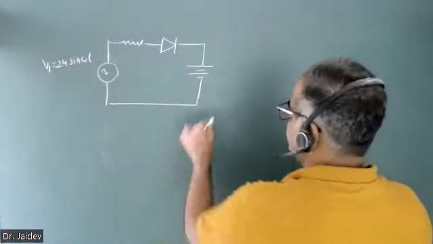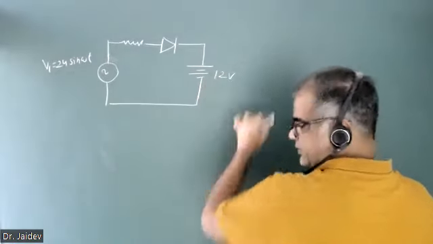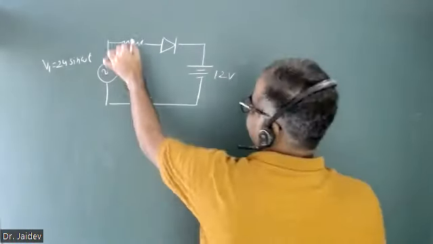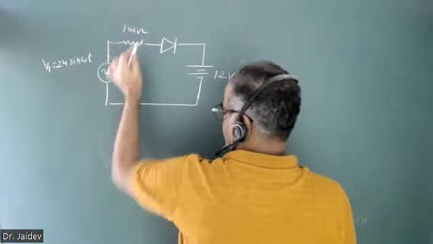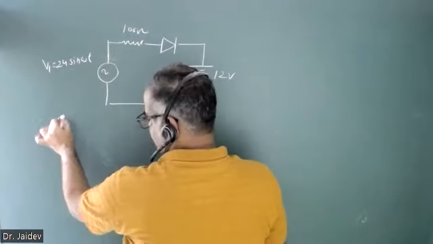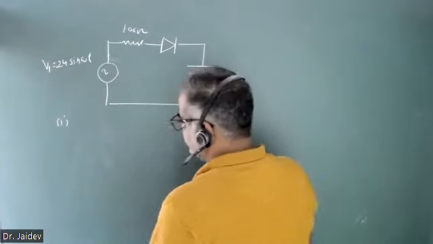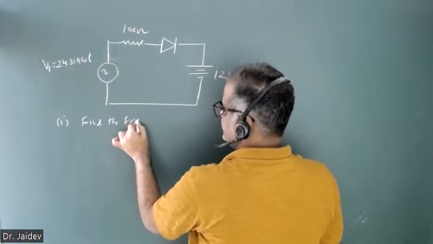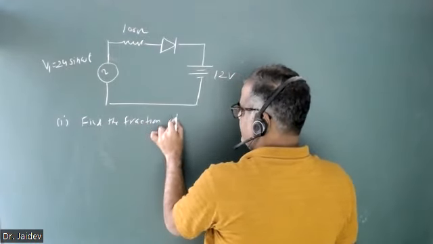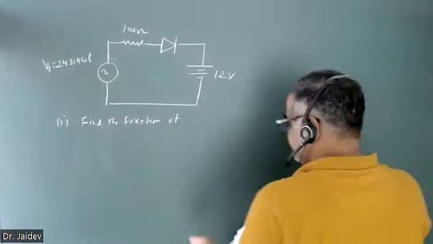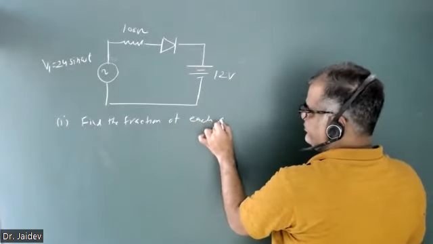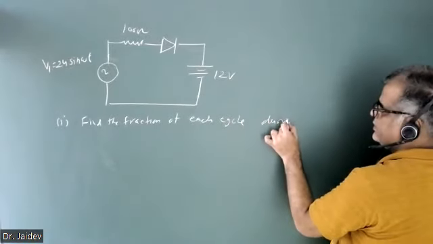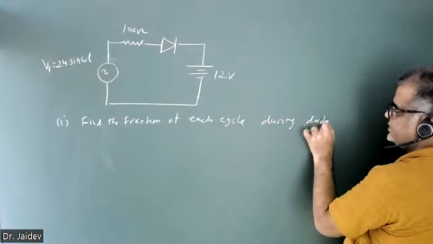So this is the 12-volt battery. The diode is ideal and the resistance value is 100 ohm. Now the question is: find the fraction of each cycle during which the diode conducts.